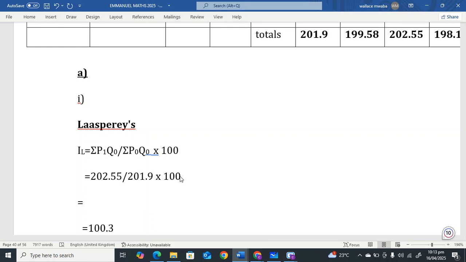What do we get? You get 1.0032. This multiplied by 100, 100.32. Are we all getting these values?